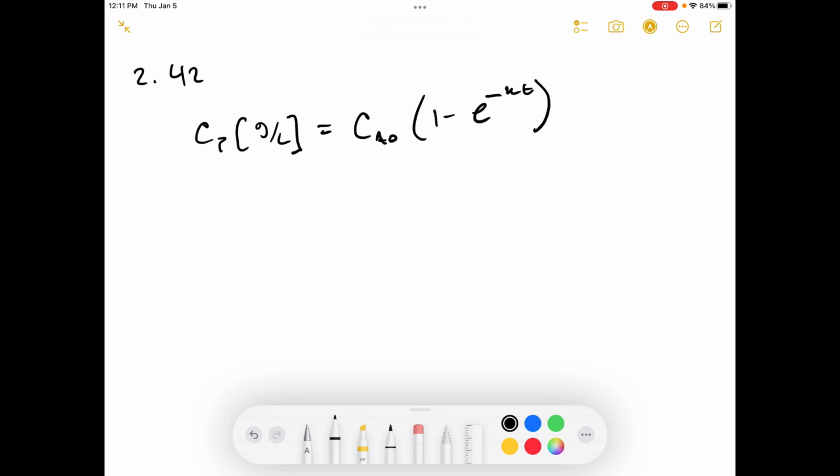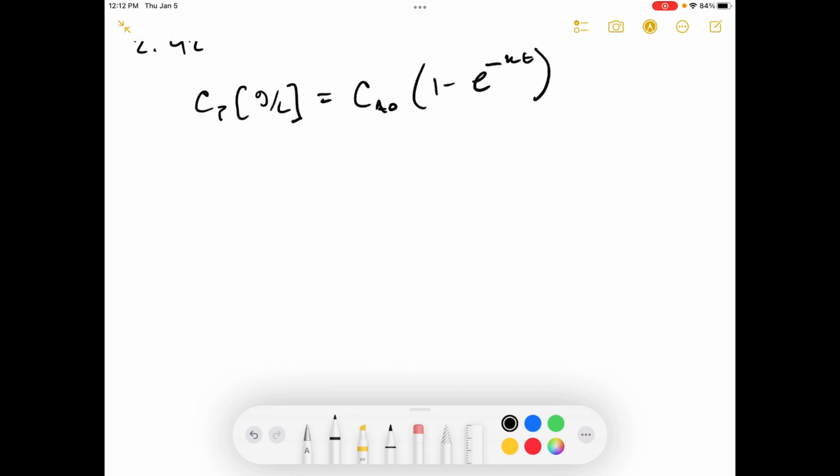To test this finding, the reaction is run in 4 different laboratories. The reported experimental results are given below. This is an exponential function, so we are going to manipulate the function here a little bit. So Cp over Ca naught minus 1 is going to be y, and then e to the minus kt.